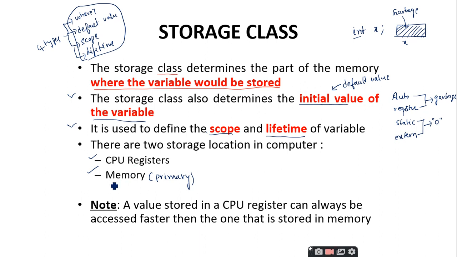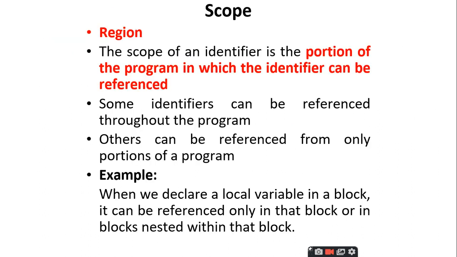And I told you why we need registers. The value stored in a CPU register can always be accessed faster than one stored in memory. So to have faster access of values, we store some values in the registers. That is the only purpose.